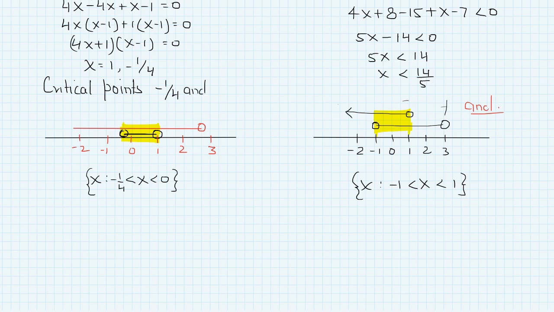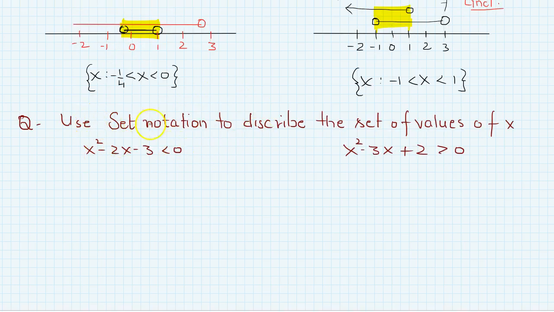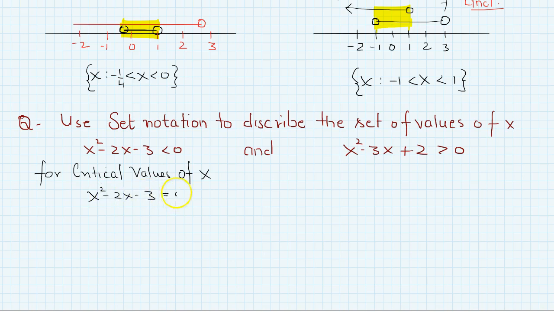Let's take an example. Now the next question is, use the set notation to describe the set of values of x for which x square minus 2x minus 3 is less than 0 and x square minus 3x plus 2 is greater than 0. Both are quadratics, so we have to find the critical values. For critical values of x, we have x square minus 2x minus 3 is equal to 0.